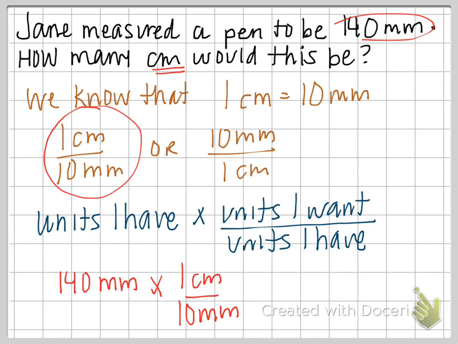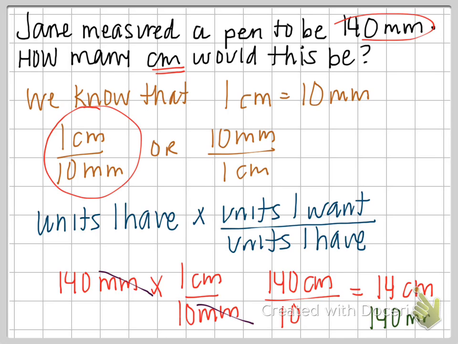And when I do that across, the first thing I want to do is cancel out these millimeters. We don't need those. I'm going to multiply across the top, 140 centimeters over 10, and there's no unit down there anymore, and when I do that I come up with 14 centimeters. 14 centimeters is equivalent to the 140 millimeters.